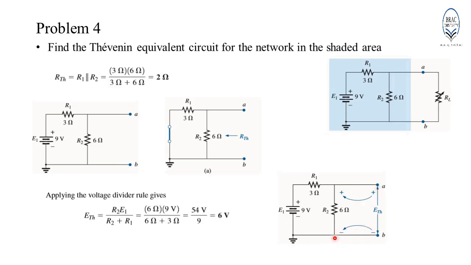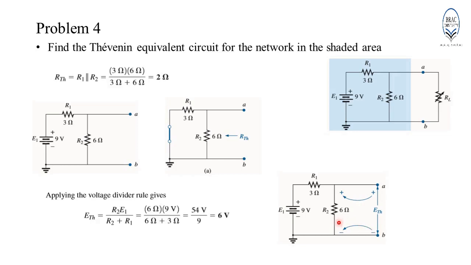Similarly, the voltage at this node and the voltage at this point would also be the same. Why? Because there is no connection between points A and B. These two points are basically floating. Hence, E Thevenin, which is the open circuit voltage, is basically equal to the voltage drop across resistor R2.